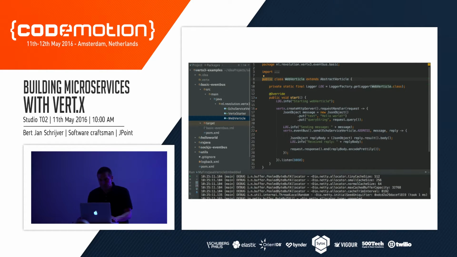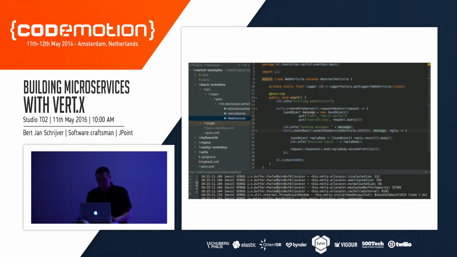And this is basically the same as the first example I did. Create a HTTP server, put a request handler in there. When a request comes in, do whatever is in here. So I create a JSON object and put two keys in there, a text and the query string from the request. Logging the message I'm going to send, get the Vert.x event bus, send a message to the Vert.x event bus, to the echo service, put the message in there.